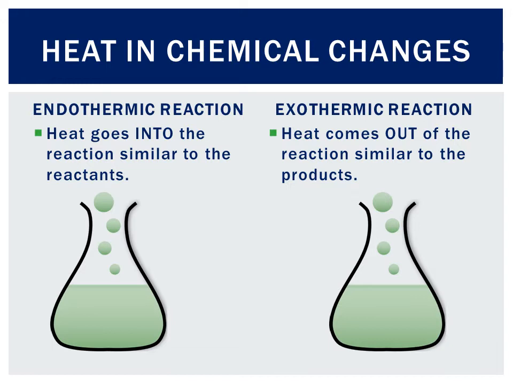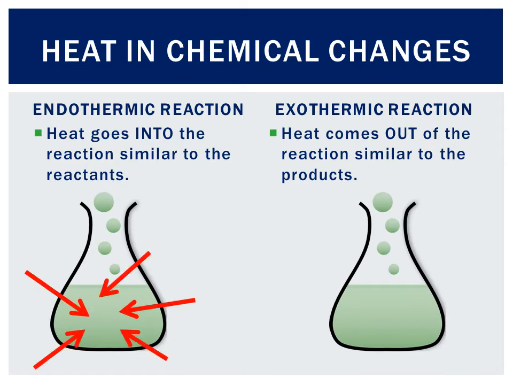Okay. So there's two classifications of reactions. One is endothermic reaction and one is exothermic reaction. In endothermic reactions first, the heat goes into the reaction, similar to the reactants. So you can consider heat as a reactant if you would like to in these kinds of reactions.